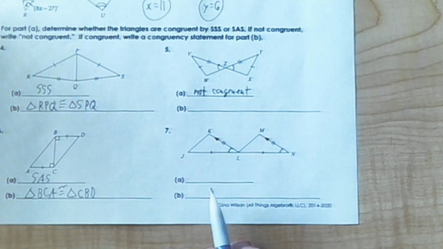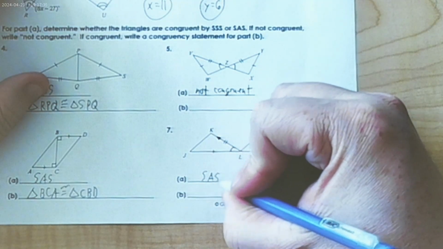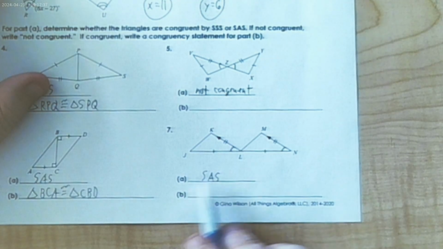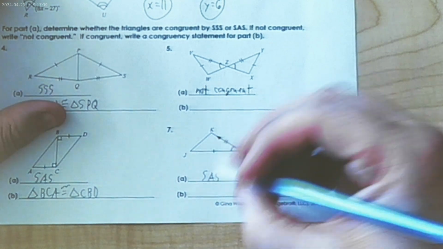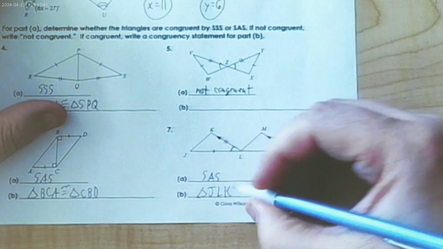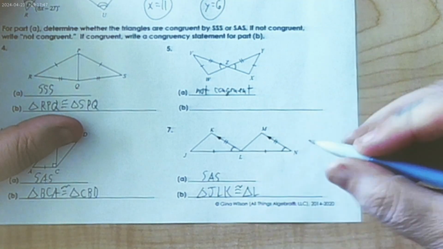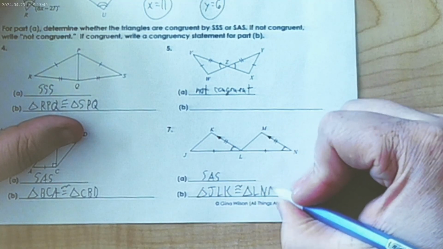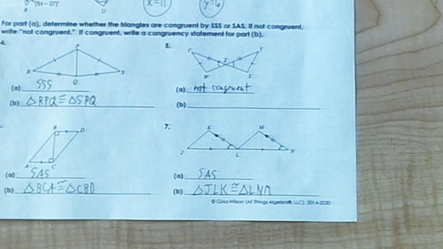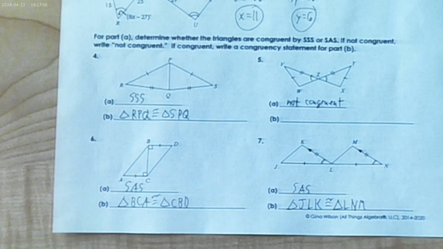We have two more triangles that are congruent via side, angle, side. So in this case, I'm going to say triangle JLK is congruent to triangle LNM, in the easiest congruency statement with a shared side that I've had to deal with on this worksheet.